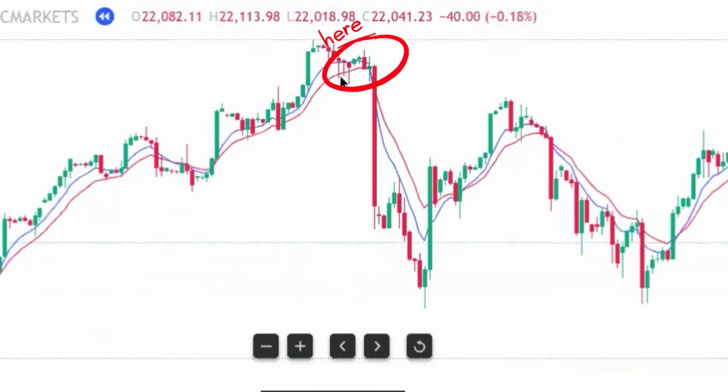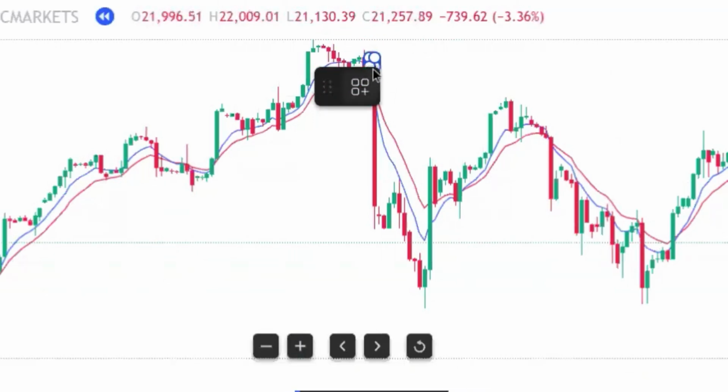This is a major supply area, and supply is where we've got a massive push down aggressively. Yeah, you can see all of this volume in one candle, massive push down. So you want to highlight areas like this. This is your literal supply zone.